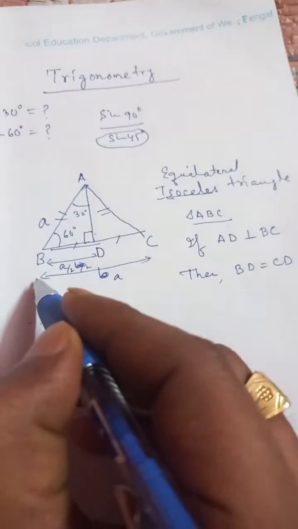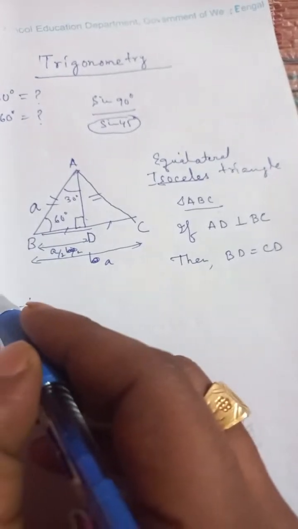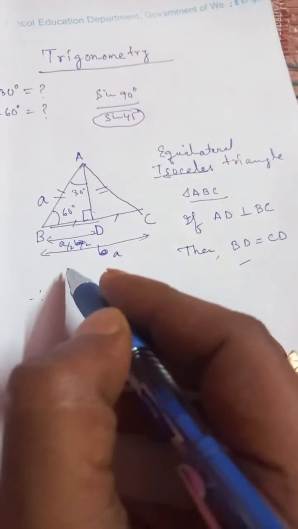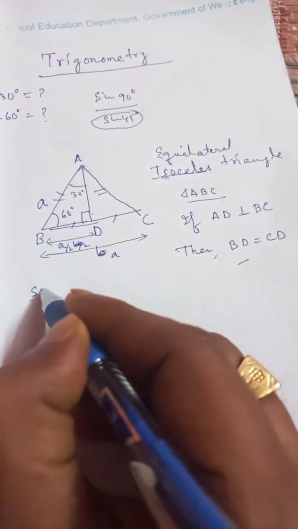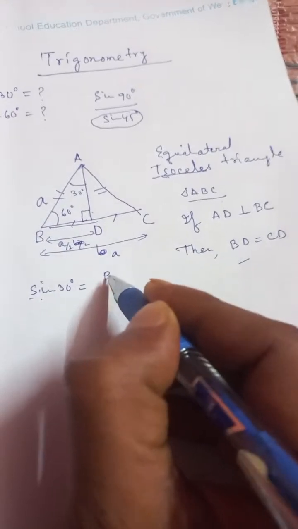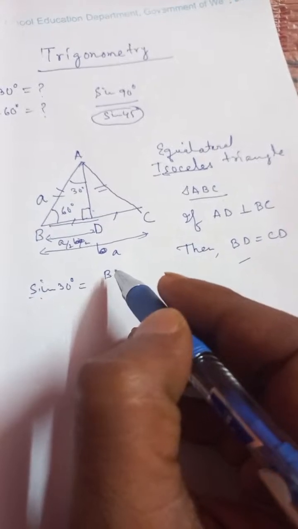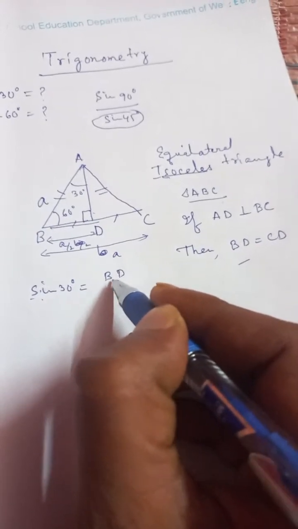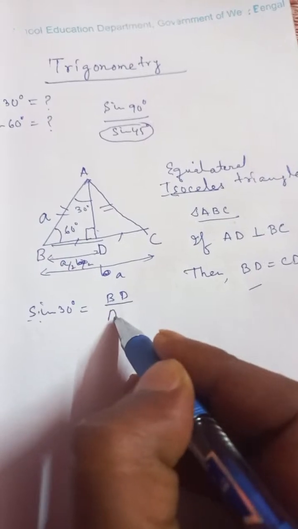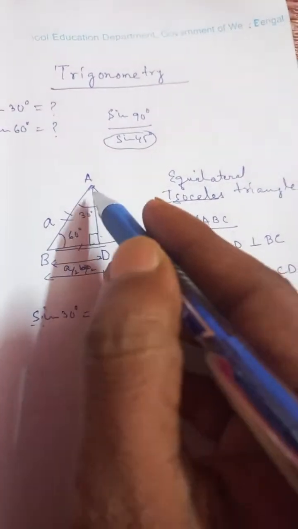So what we have to know is that this is also true for an equilateral triangle. So here sine 30 degree is equal to BD, the perpendicular or height, by the hypotenuse, for triangle ABD.